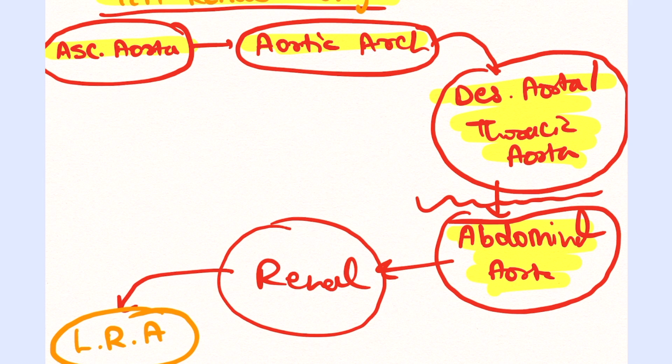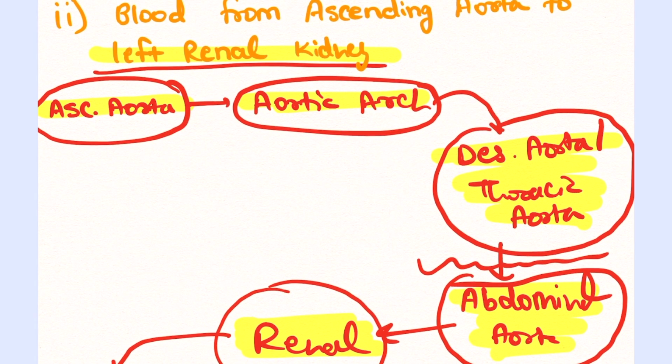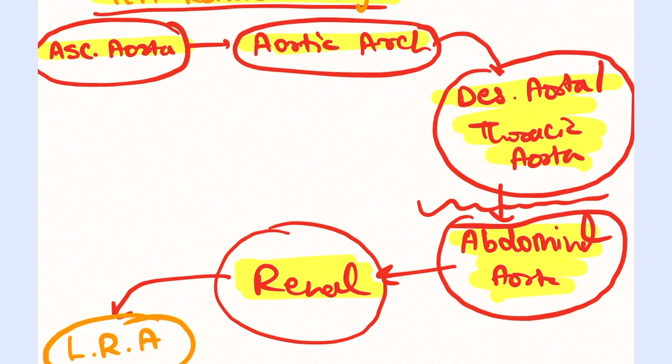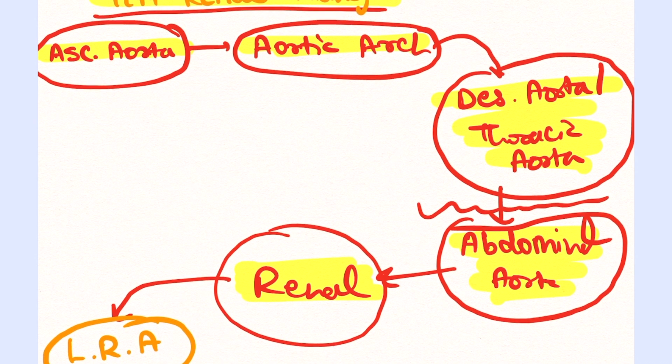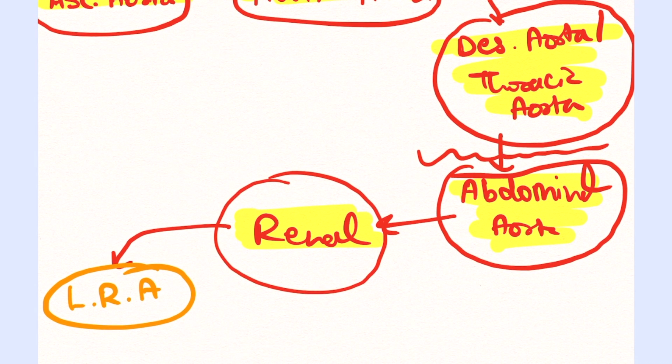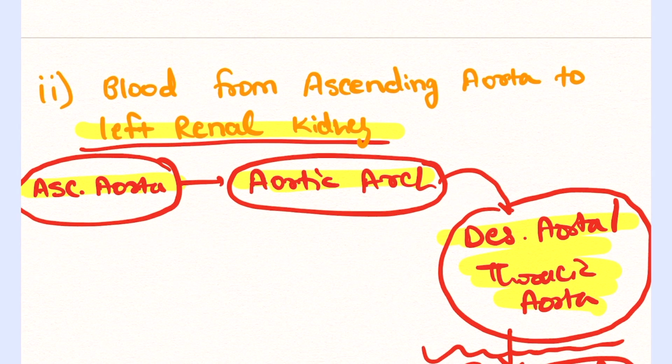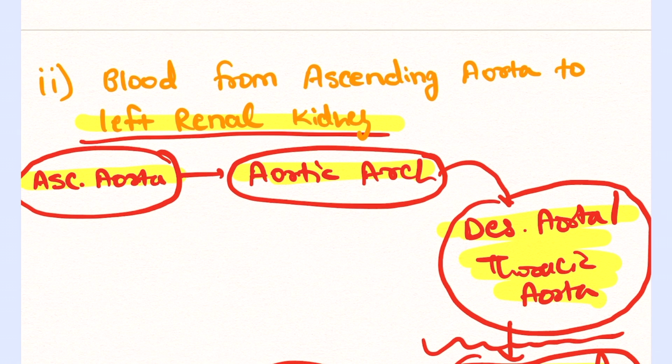Abdominal aorta doesn't go through the celiac trunk division, neither the superior mesenteric, neither the inferior mesenteric, which is the last division. It goes through the third division, which is renal division, since our interest is left kidney. And since it is left kidney, it goes through the left renal artery. Left renal kidney and left kidney are the same thing.